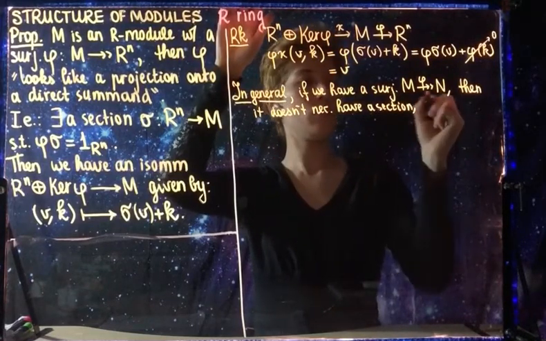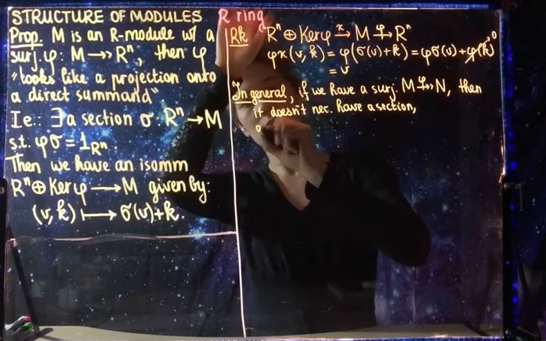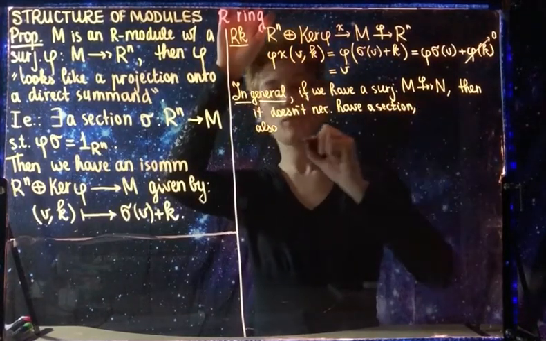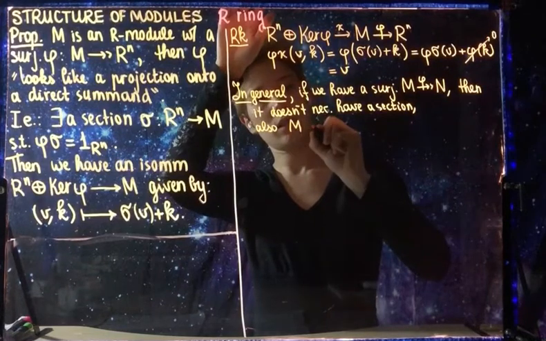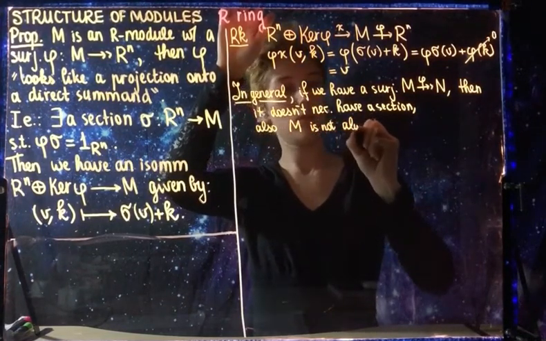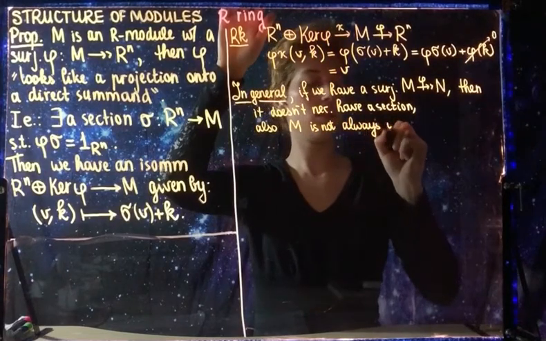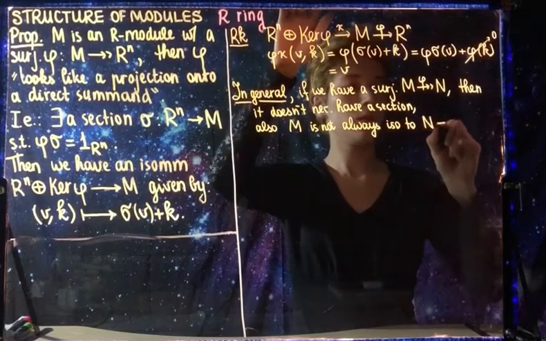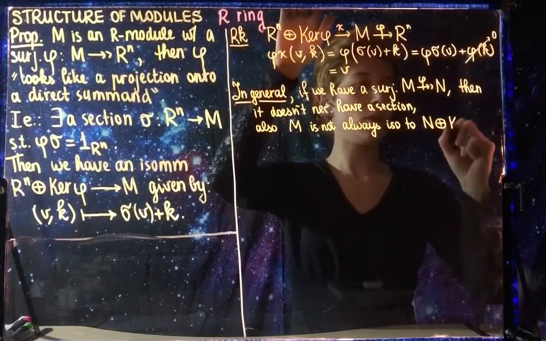And it also does not look like a projection onto a direct summand. So also M is not always isomorphic to M direct sum with the kernel of phi.